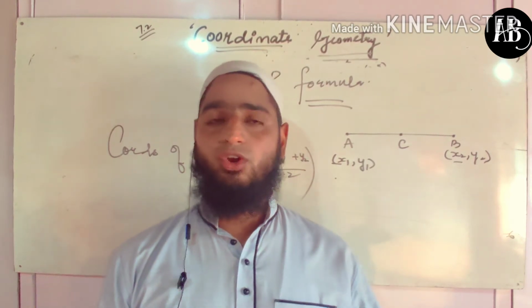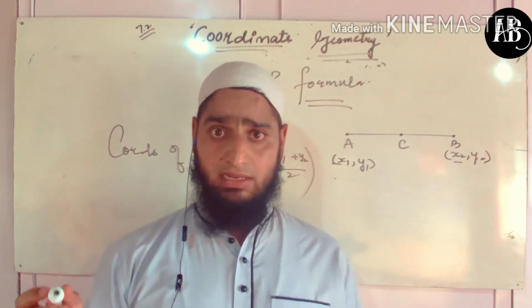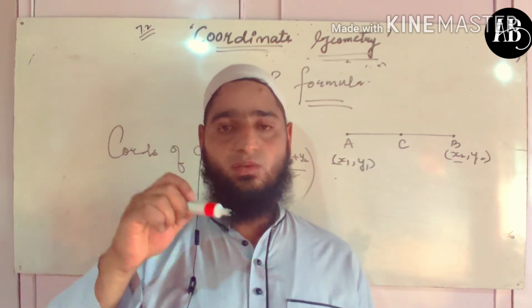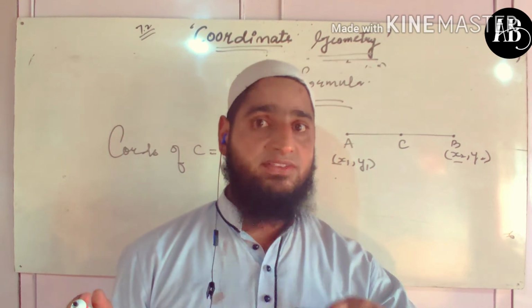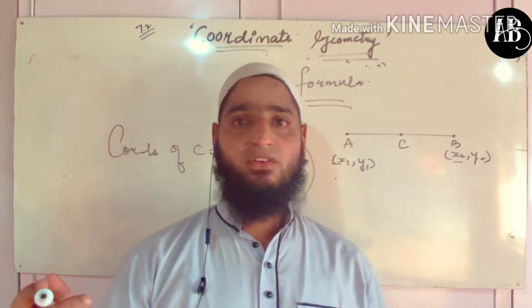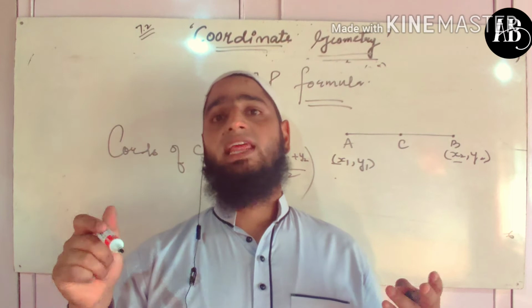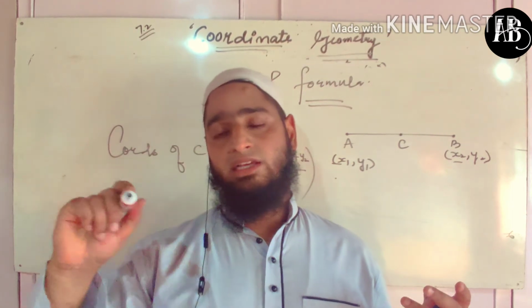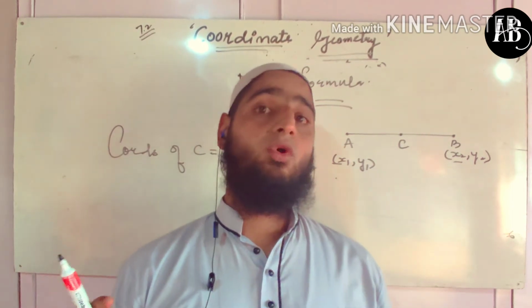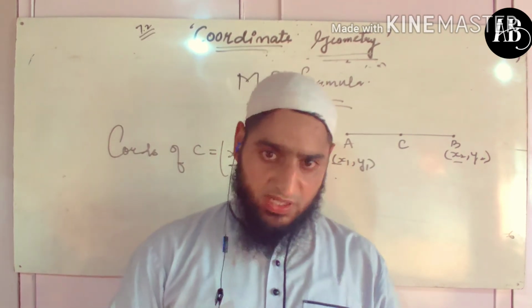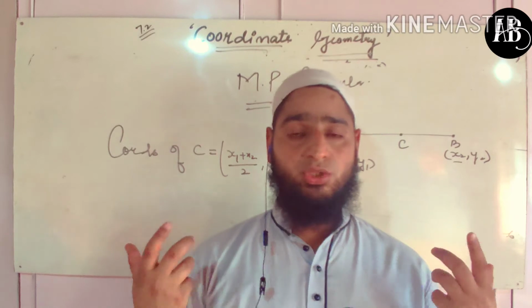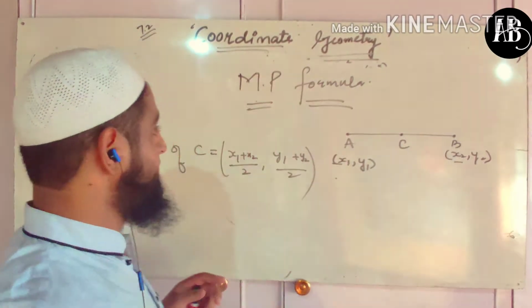For example, in a parallelogram the diagonals bisect each other, so we can use the midpoint formula to find the point of division. Similarly, if you have a triangle in which a median falls on any side, you can find the coordinates of that very point. This completes our topic, the midpoint formula.